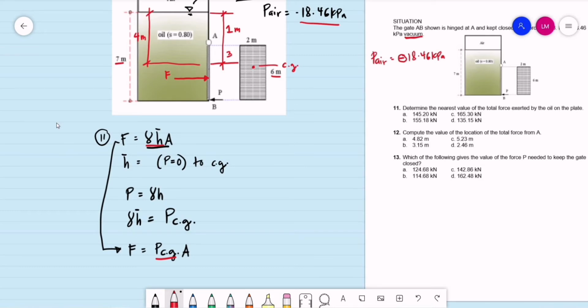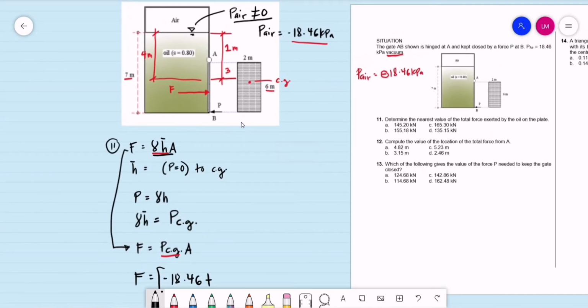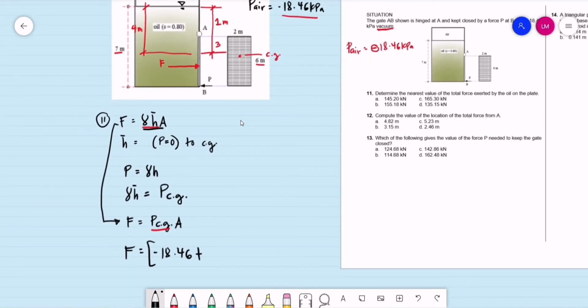So we have the force. That is, the force is equal to, ano yung pressure sa surface ng liquid? That is equal to negative 18.46 kilopascals, plus the pressure exerted by the oil. Ano yung pressure exerted by the oil? That is gamma H. Ano yung specific gravity ng oil? 0.8 times gamma water, 9.81.